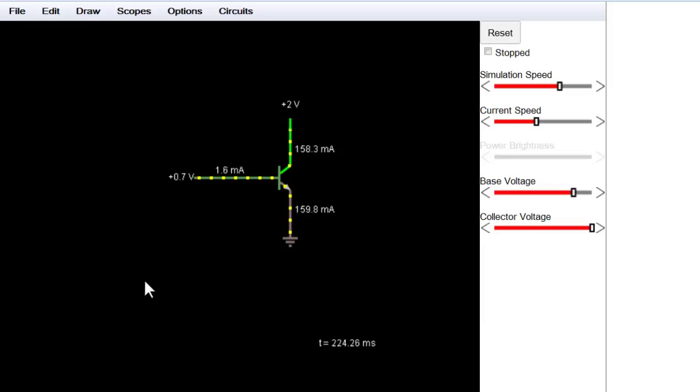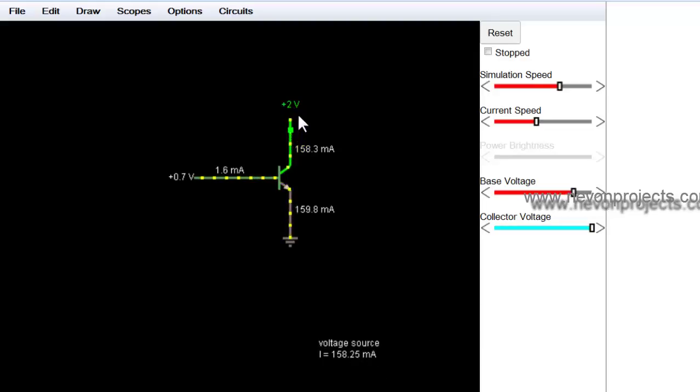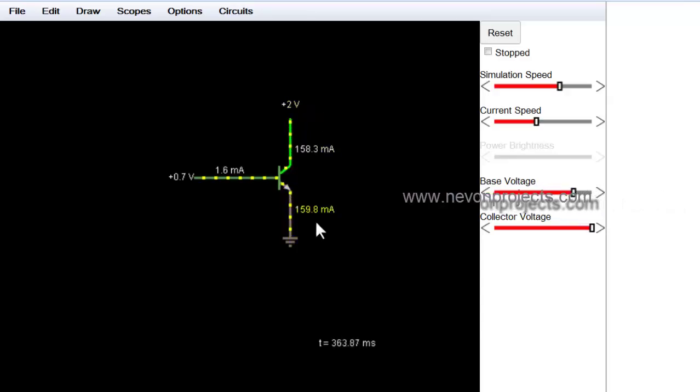Now this is the simulation of an NPN transistor. We have this as the base, this as the emitter, and this is the collector. The collector is connected to a 2-volt supply, which is to be given to the other device, which will be connected either over the collector or over the emitter.